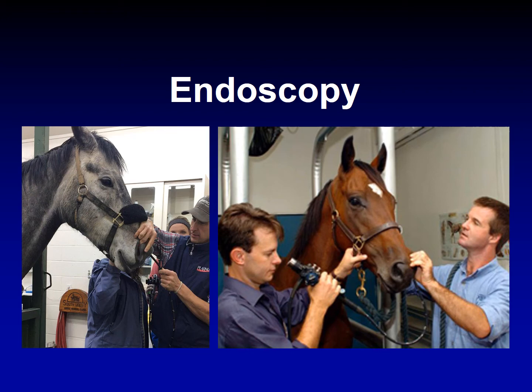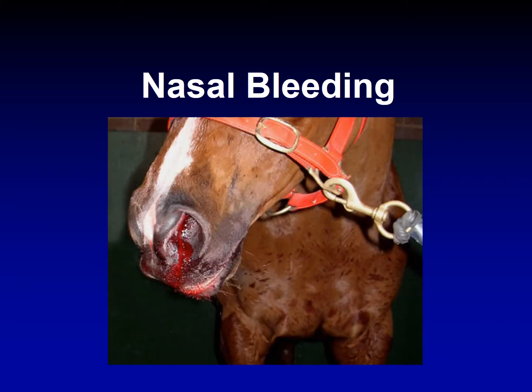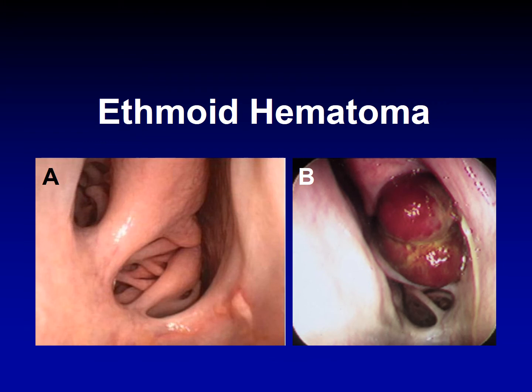Now we have to be very careful here because sometimes if we're not careful, we can cause a severe bleeding, something like this, especially when we injure one of the conchas inside the nasal cavities, and that's the ethmoid concha. On the left hand side, you see normal ethmoid concha, and on the right hand side picture, which is B, you will see a case that's called ethmoid hematoma.